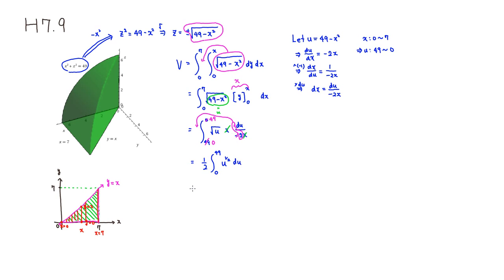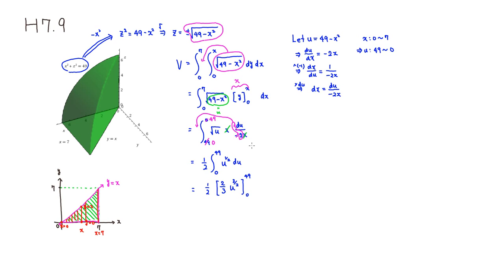The antiderivative would be to add 1 to the power, so 1/2 plus 1 is 3/2. Dividing by 3/2 is equivalent to multiplying by 2/3. And then you're going from 0 to 49.